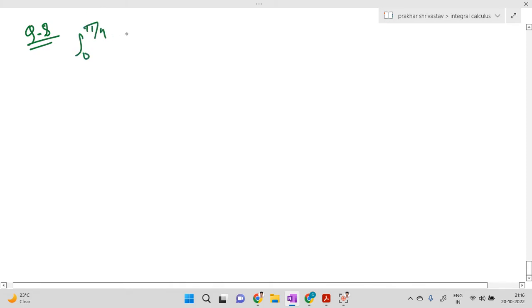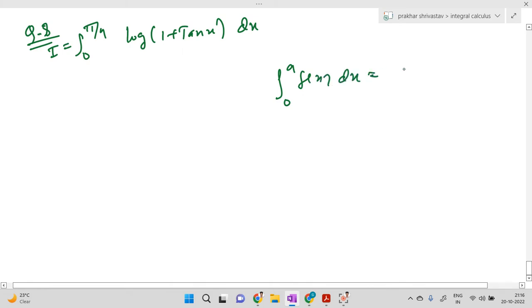Integral 0 to pi by 4 of log of 1 plus tan x dx. So this is I. Again, we will use the same property: integral 0 to a of f of x dx is equal to integral 0 to a of f of a minus x dx.